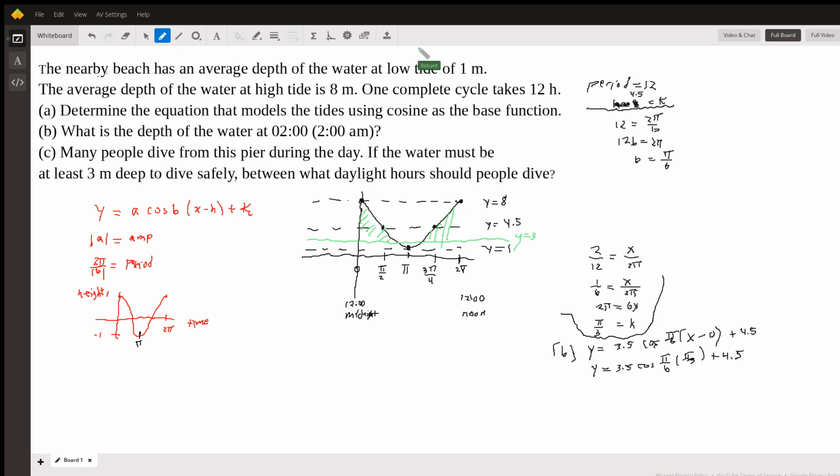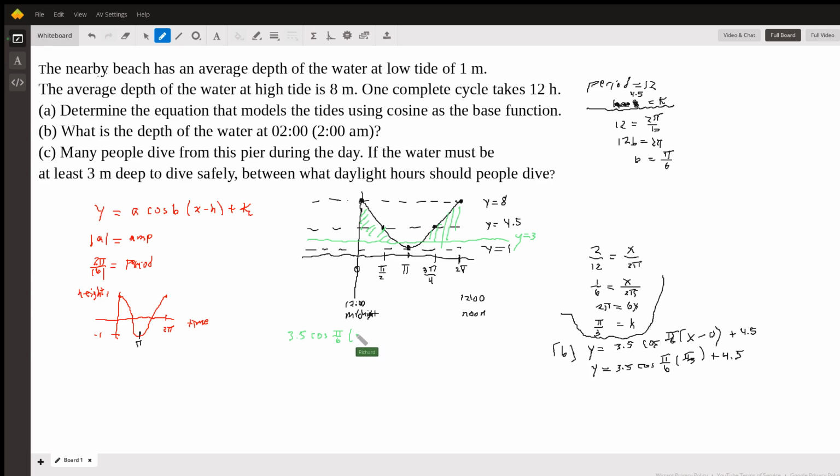Okay, so we just would take the formula for the curve, switch to the green, stick with the green. So A, our amplitude, is 3.5 times the cosine of pi over 6 times x.